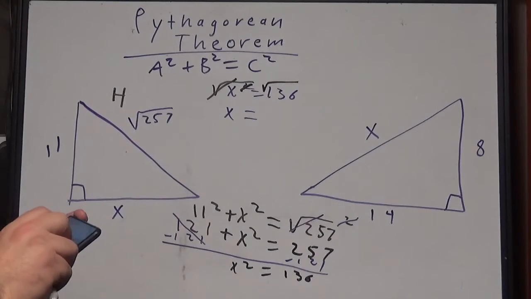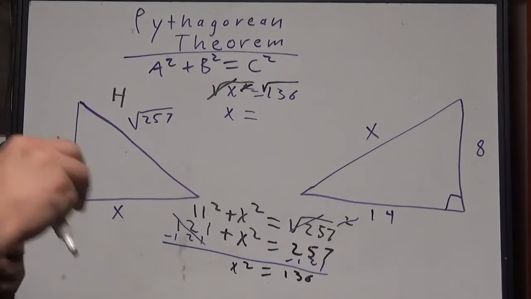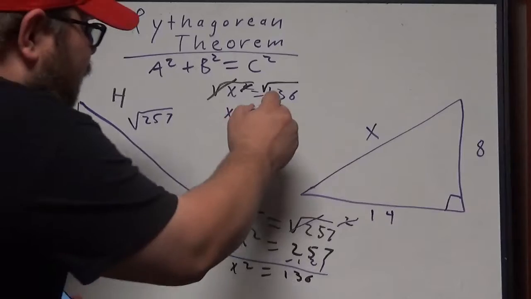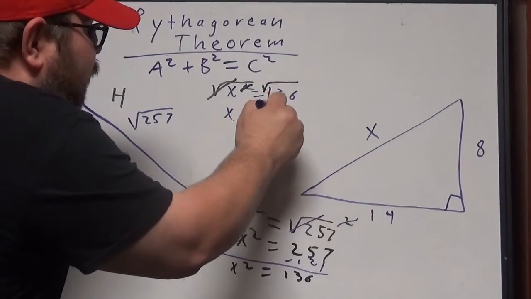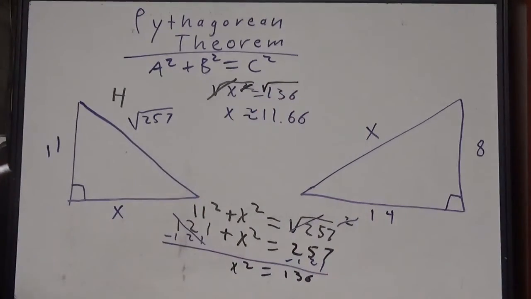What this is going to give you, if you're doing it on the phone like I am, is around 11.66, something in that general area.